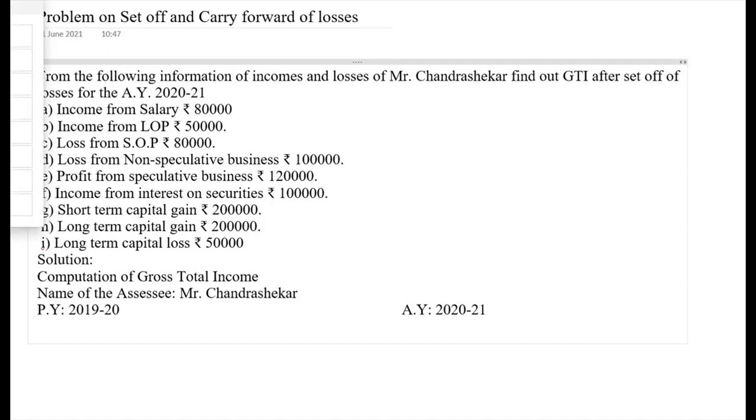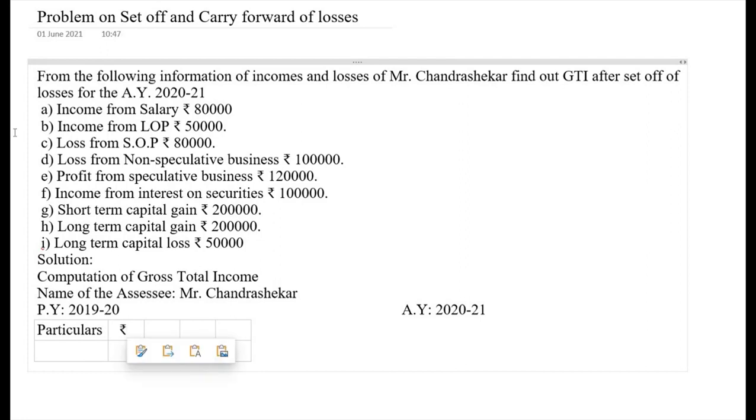We need totally 5 columns: particulars, intersource, interhead, carry forward, gross total income. So particulars here. Let me write here interhead set off.